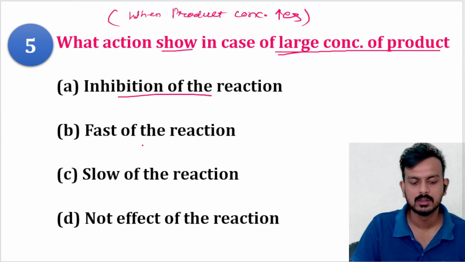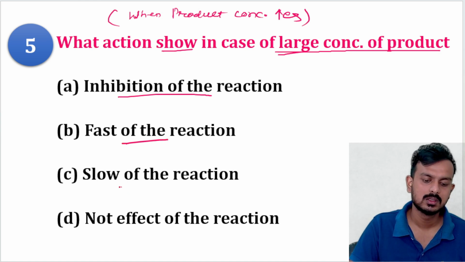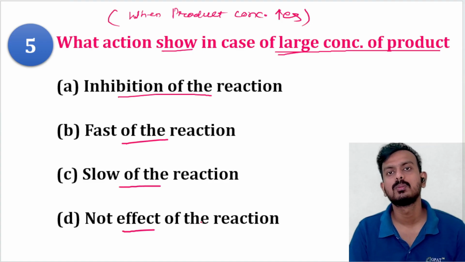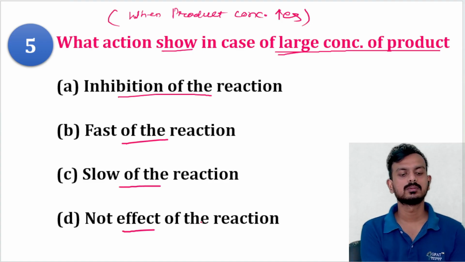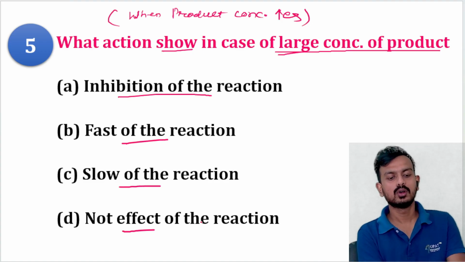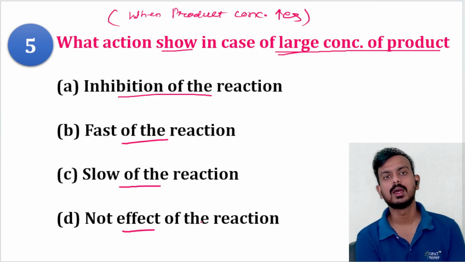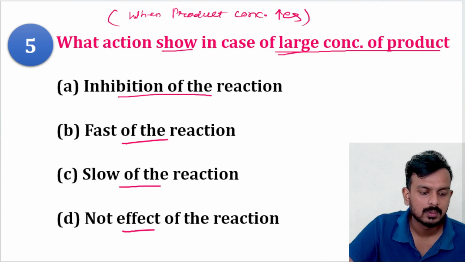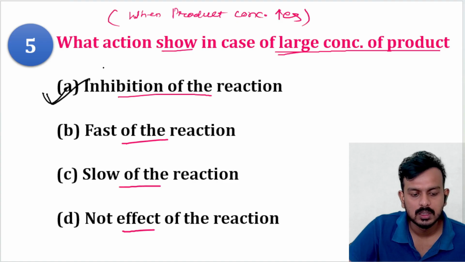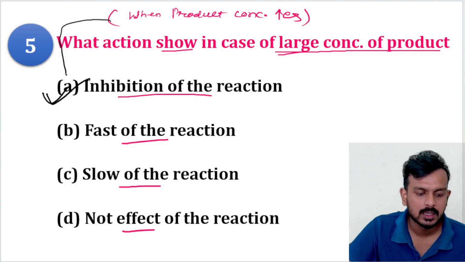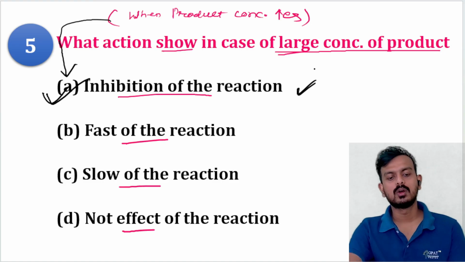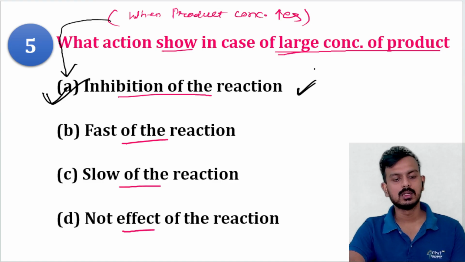Inhibition of the reaction, fast reaction, slow reaction, or no effect on the reaction? I have told you in the properties of the enzyme that it will lead to inhibition of the rate of reaction. Option A is the correct answer. When product concentration increases, the rate of reaction will be inhibited.